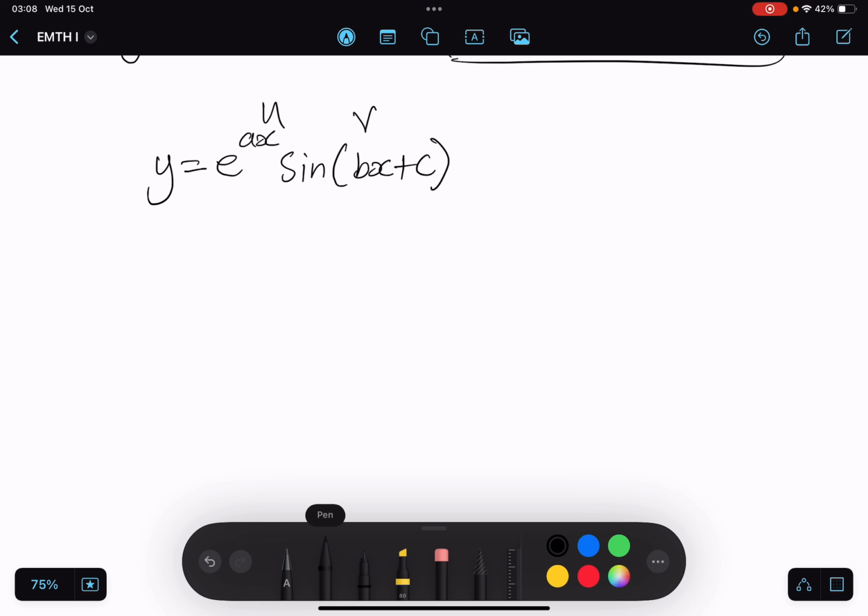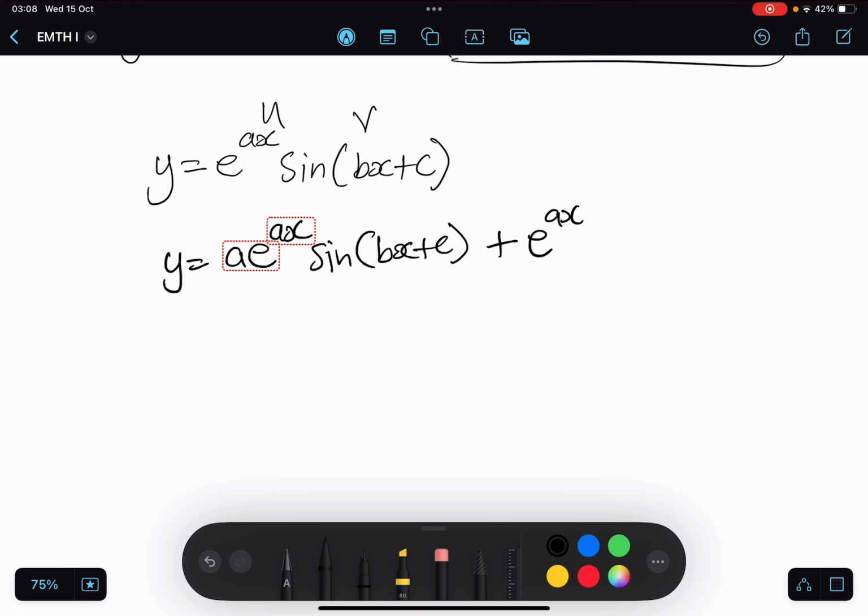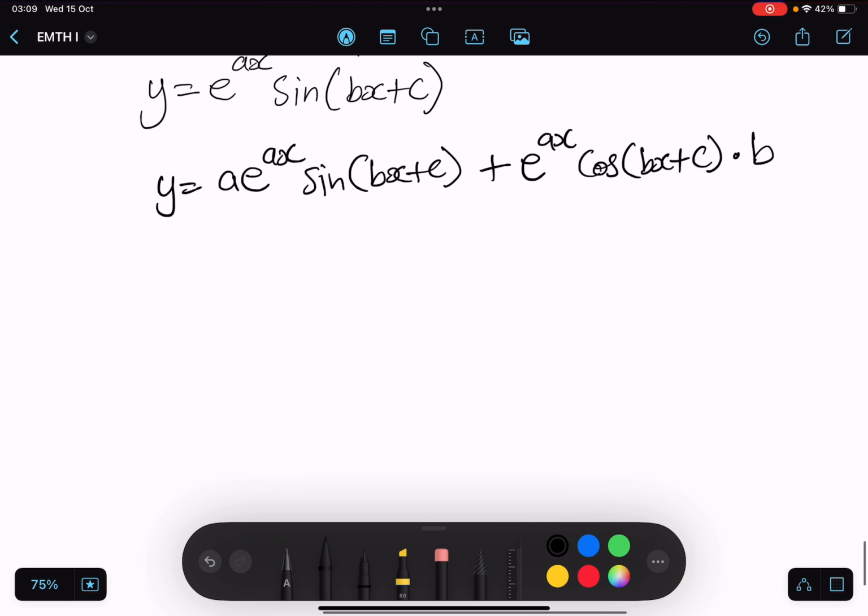We're going to have y' = a e^(ax) sin(bx + c) plus e^(ax). When you differentiate sine, you're going to get cos(bx + c) times the first derivative of what is inside, which is going to be b, isn't it?